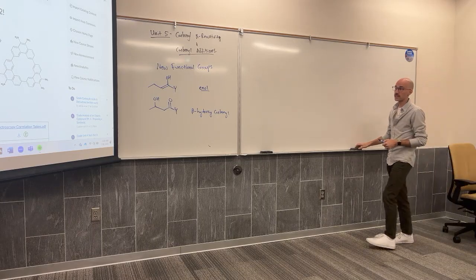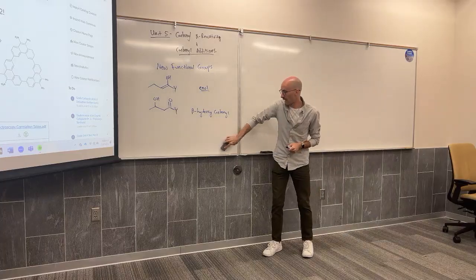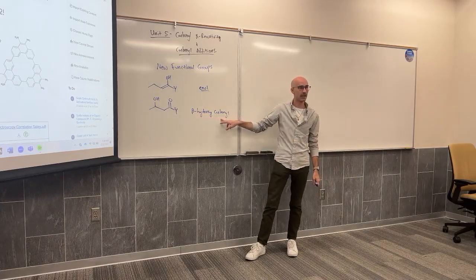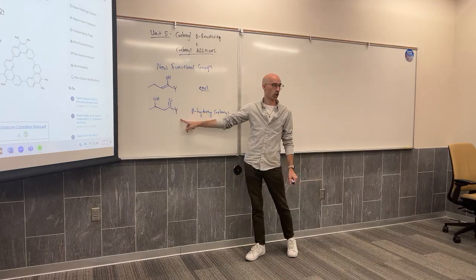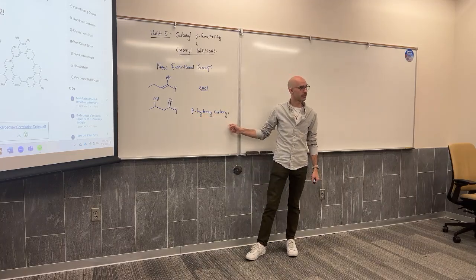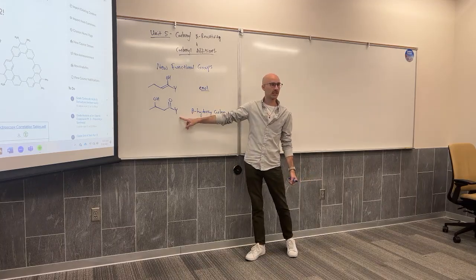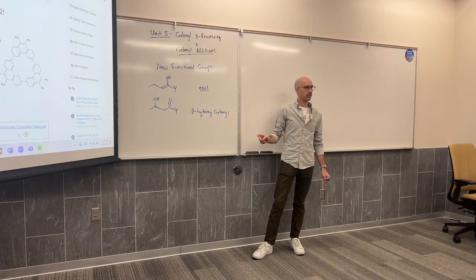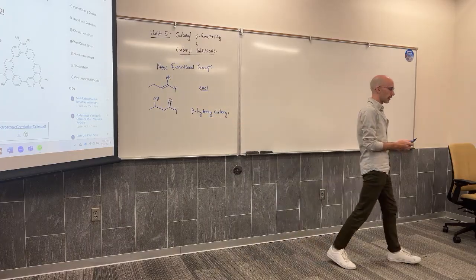Now if this was an aldehyde, if Y was H, then this is a beta hydroxy aldehyde. If Y is a carbon group, this is a beta hydroxy ketone. And if Y is an OR group, this is a beta hydroxy ester. And do you see why we call it beta hydroxy?